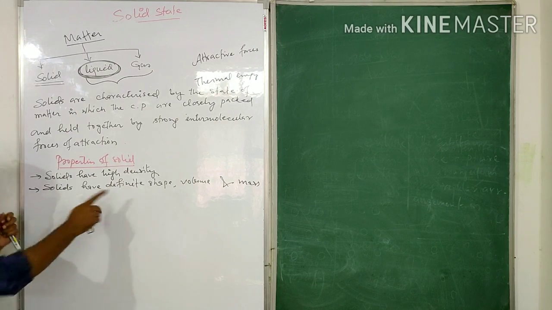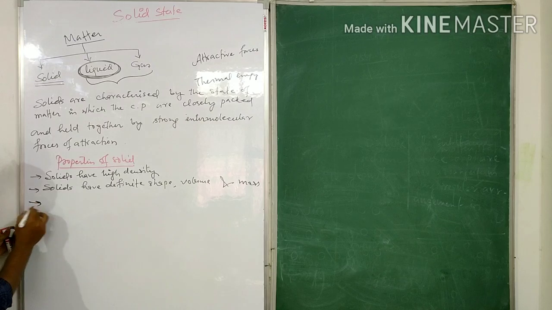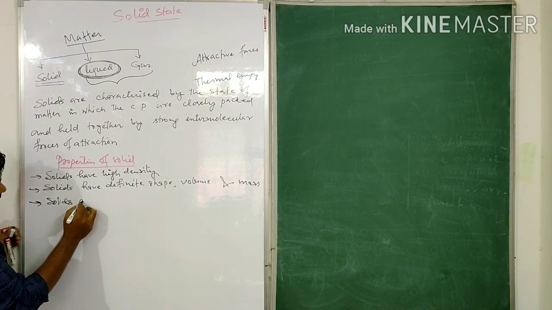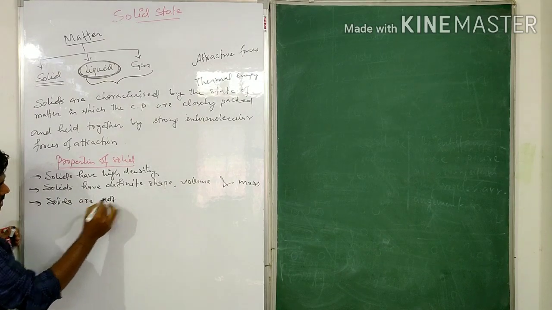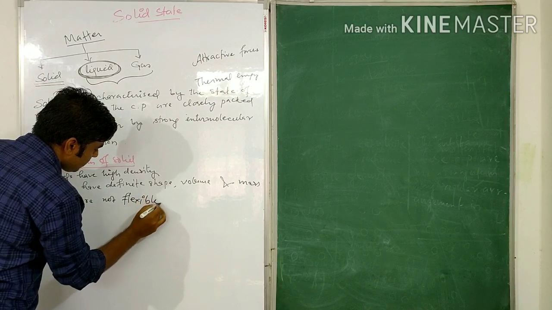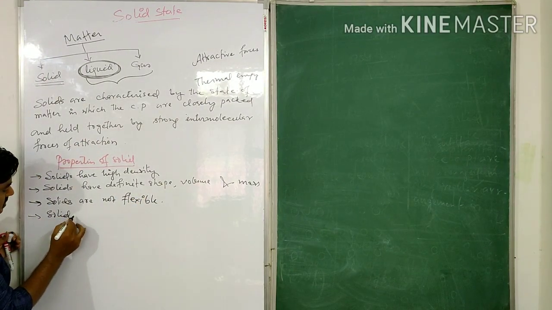They are so rigid, so they have definite shape, definite volume and definite mass. Next, our property is that solids are not flexible.